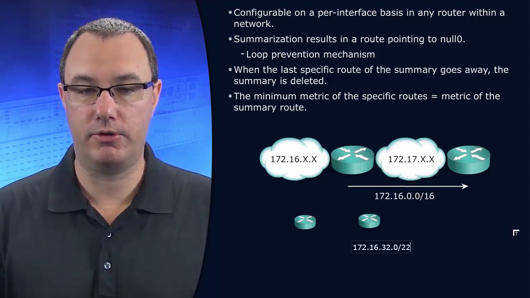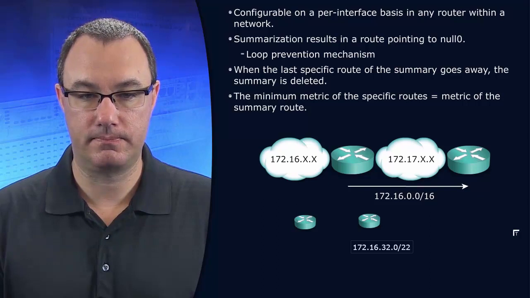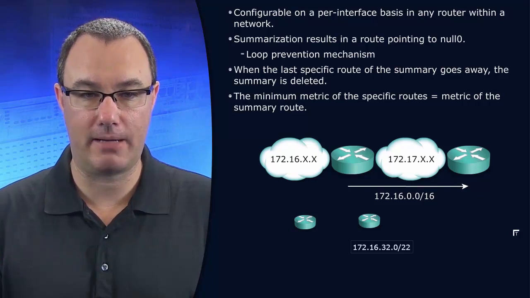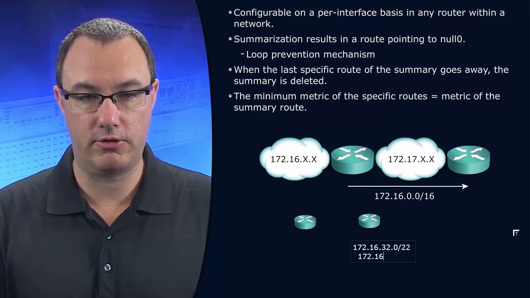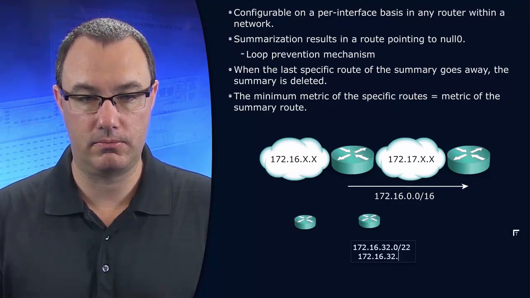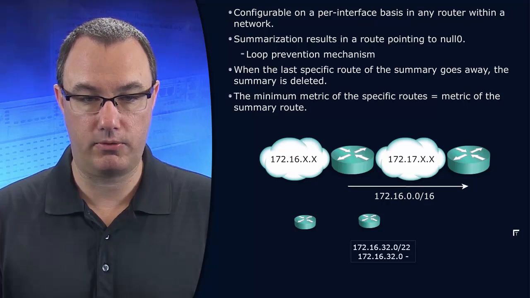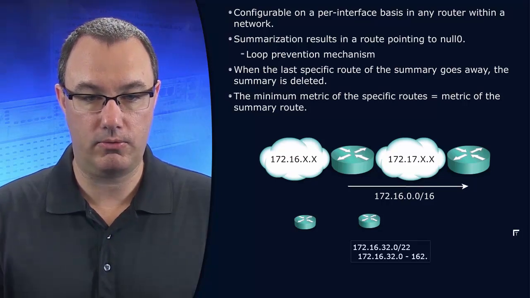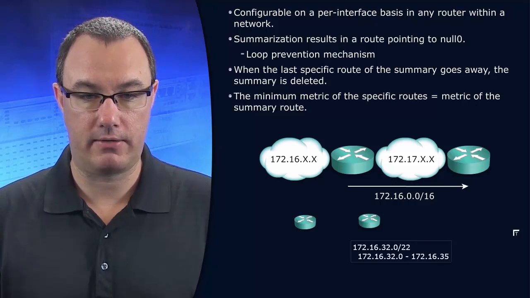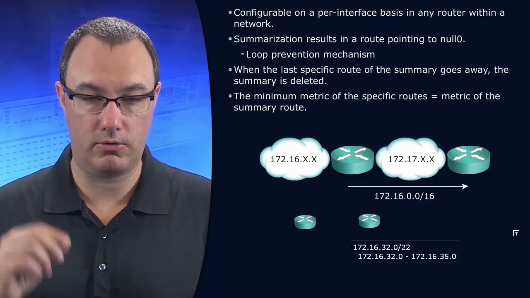Now what that would do is it would capture a number of networks. It would capture the space of 172.16.32, that's 4, all the way to 172.16.35.0. 1, 2, yeah, 4.